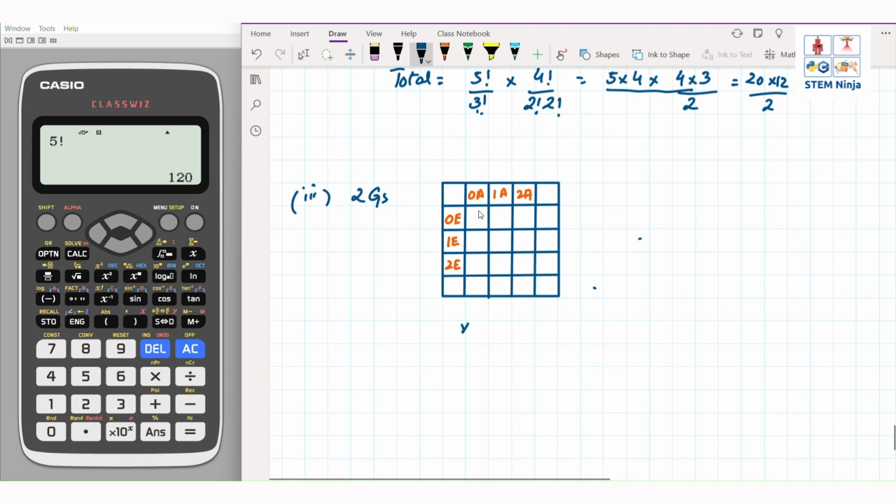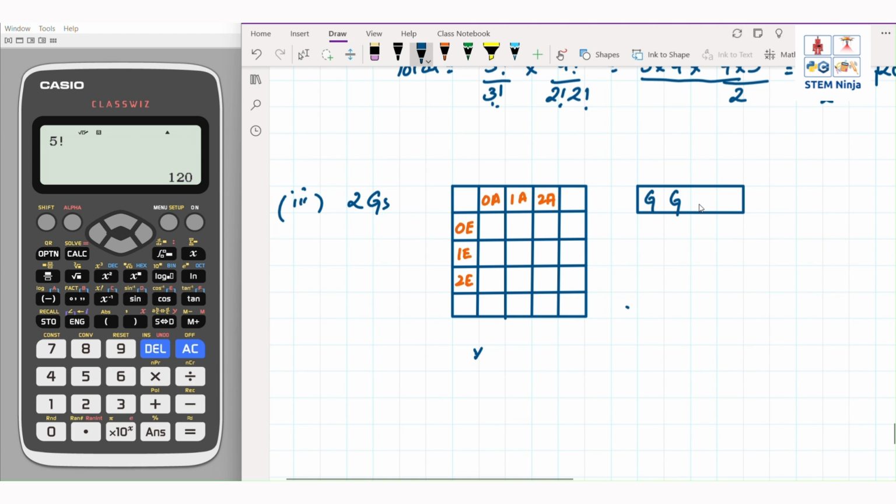Okay, so when you have 0A and 0E over here, so that would mean that the G's are gone over here. G's are already selected, sorry, my bad. So G's are already here. So what we need to do simply is find out what these two are. So if there are no E and no A, the rest of the letters are basically just R, T.